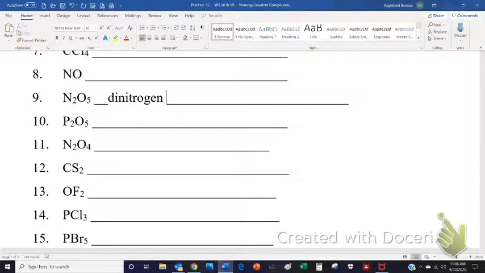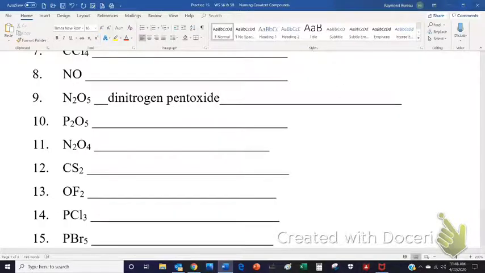And remember 5 is penta, P-E-N-T. Now, I'm not going to put pentaoxide. When that happens, we just take off the A and just say pentoxide. So we try not to run pentaoxide or monooxide together. Take off the vowel at the end of the prefix.